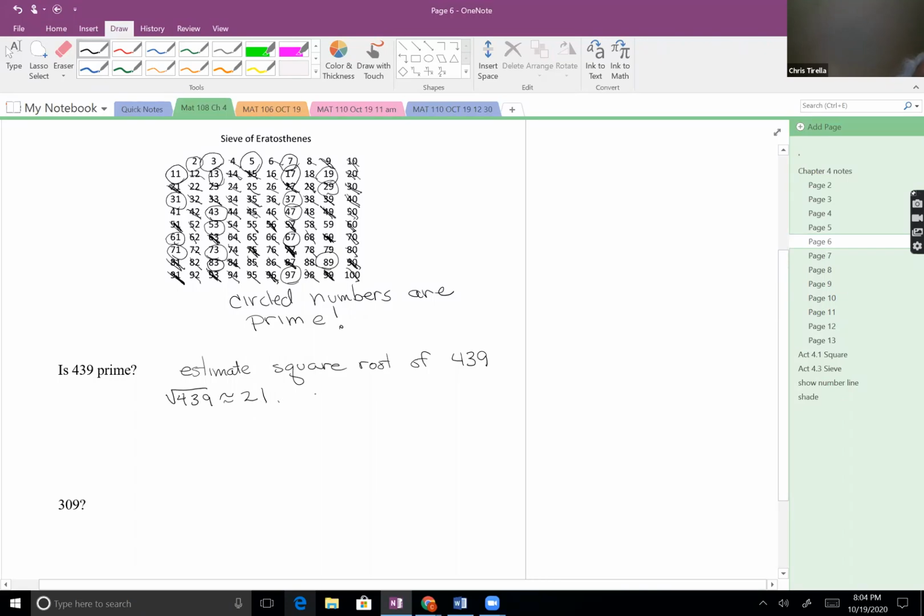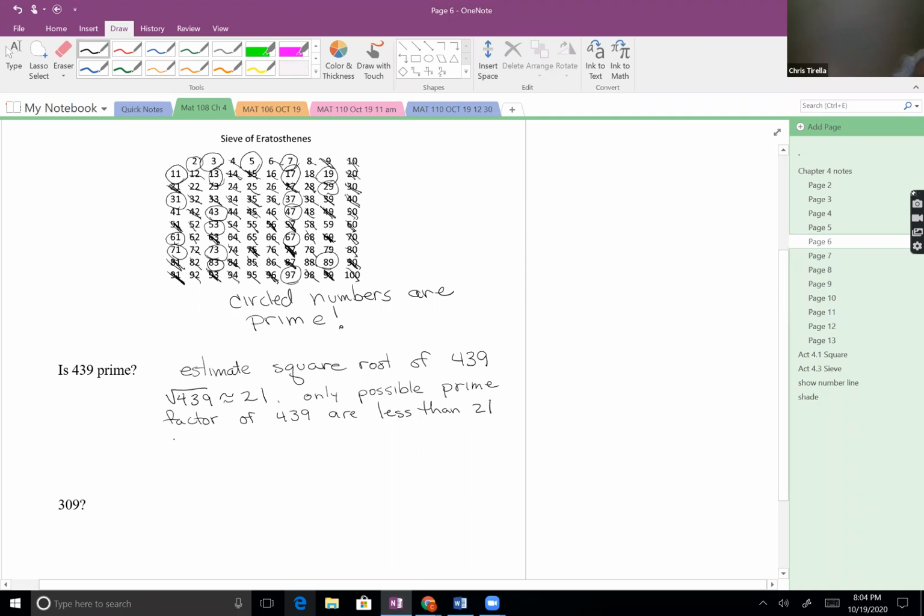So the only possible prime factors of 439 are less than 21.